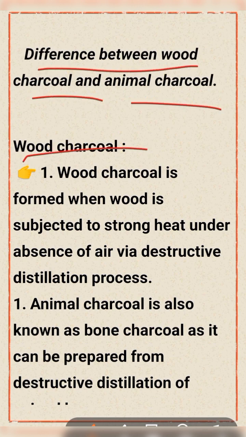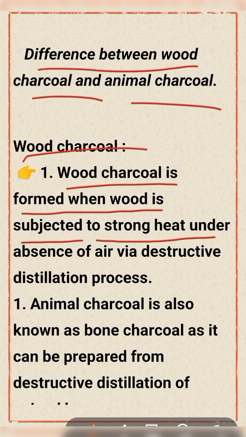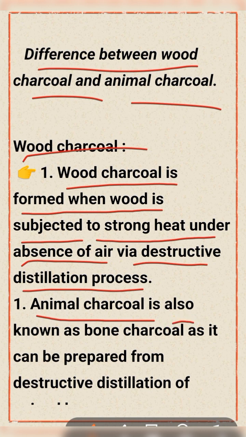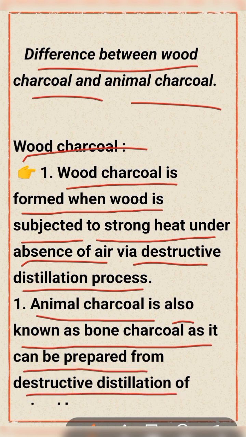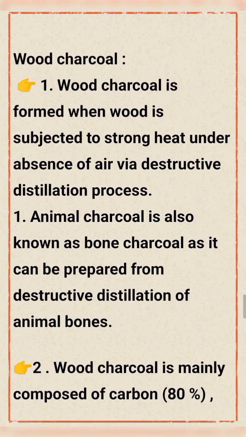Wood charcoal is formed when wood is subjected to strong heat in the absence of air via the destructive distillation process. But animal charcoal is also known as bone charcoal, as it is obtained from destructive distillation of bone, that is the animal bone.